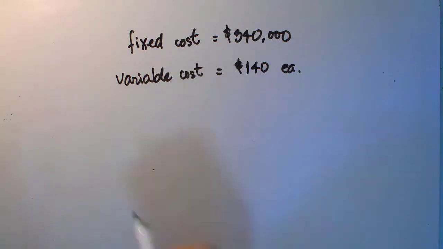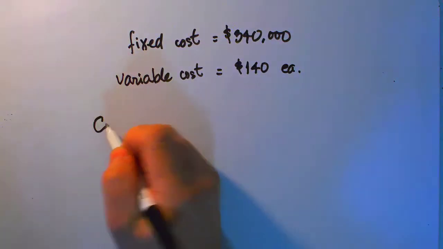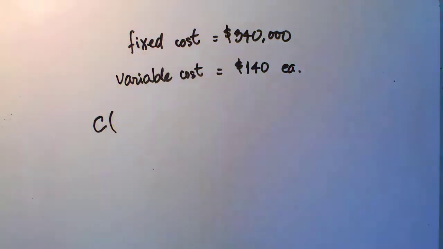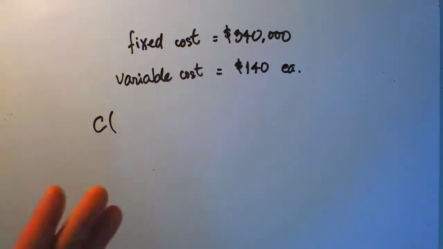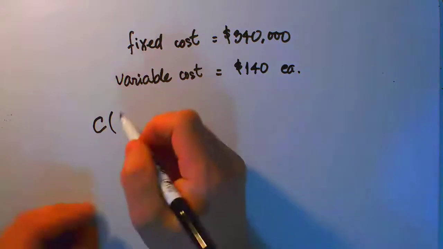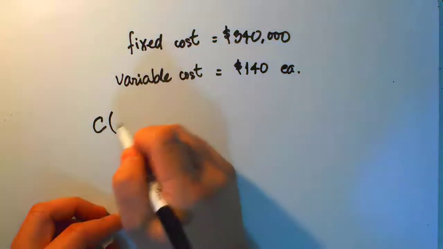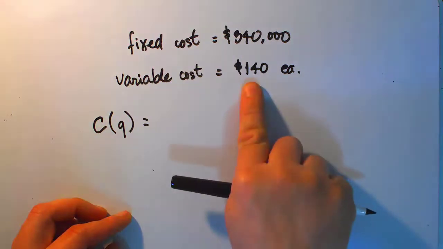So that means our cost function here, and like I said, even though the question did not specifically ask for that, it's our responsibility as analysts. We have to know how much cost we spent before we can find out how much profit the company made. Now you can see that it's $140 for each phone.